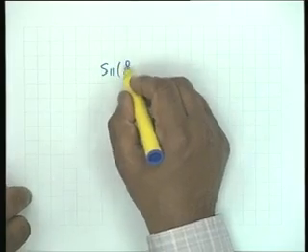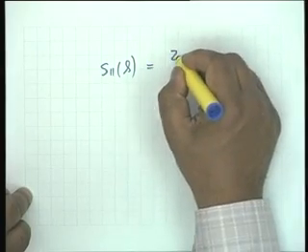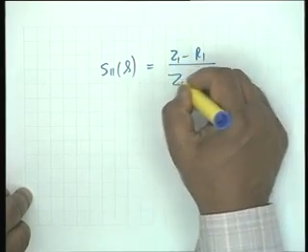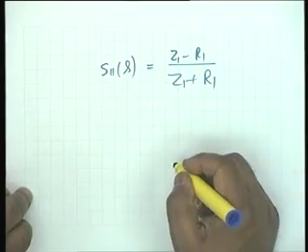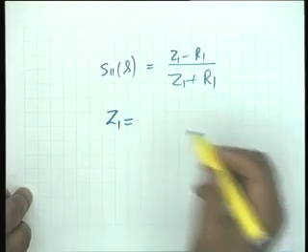Isn't that right? Therefore, from this decomposition you shall choose that part which has poles in the left half plane, and once you are able to identify S11 of s, since this is equal to Z1 minus R1 divided by Z1 plus R1, you then find out Z1.